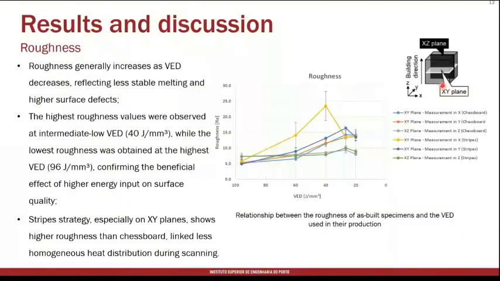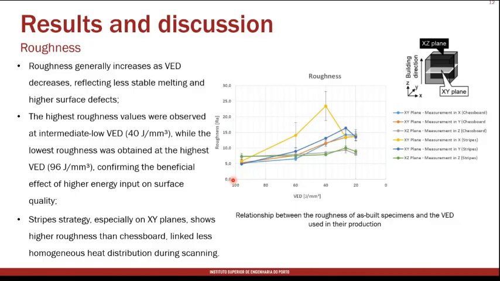In terms of roughness, we measured it in different planes in the cubic samples. We can see that the roughness typically increases with the reduction of the VED. So as we go from left to right in this plot, the highest roughnesses were found for a VED of 40 joules per cubic millimeter, while the best results were found for the highest VED considered, of 96.